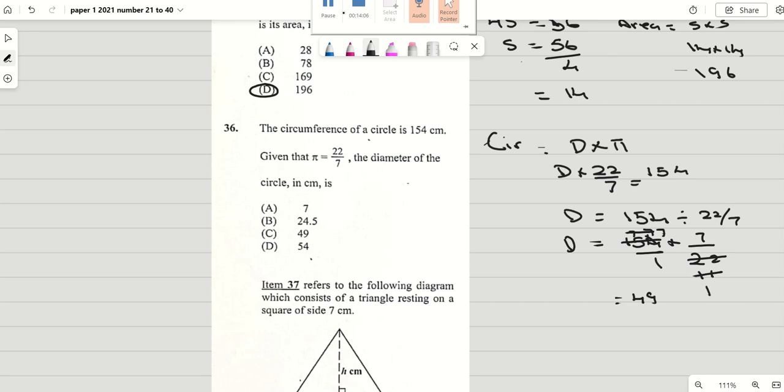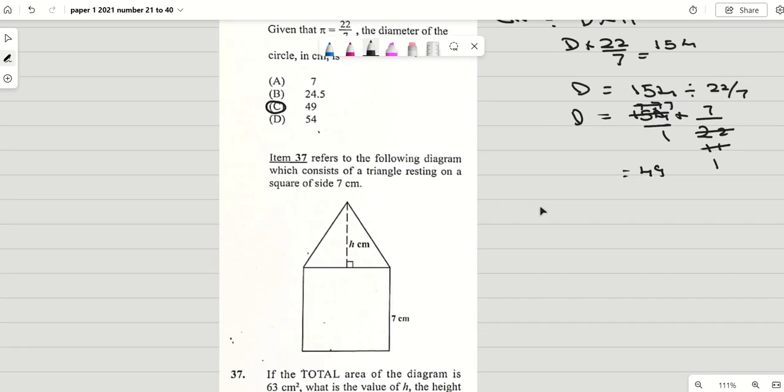So your answer is C, 49. Right? Or you could have put each answer in this formula. You could have put 7 over 1 multiplied by 22/7 and see if you get 154, or 49 over 1 multiplied by 22/7. Once you get 154 as your answer, you know that would have been the answer.